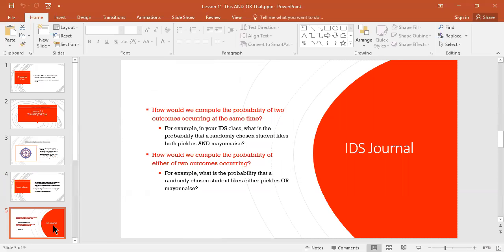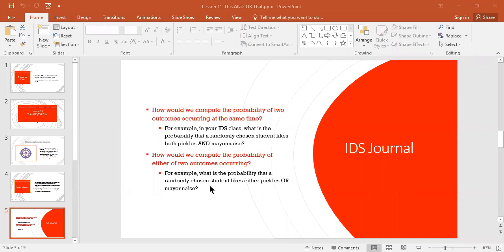versus the second question, which is, how would you then compute the probability of either of two outcomes occurring? So what's the probability of a student liking pickles or mayonnaise? I want you guys to spend 3 minutes, and this is more a question of how would you calculate it.